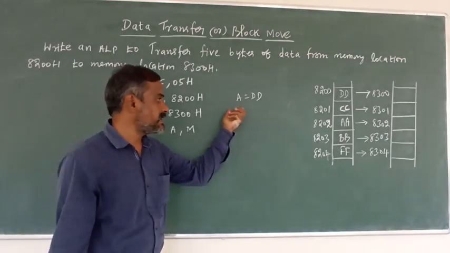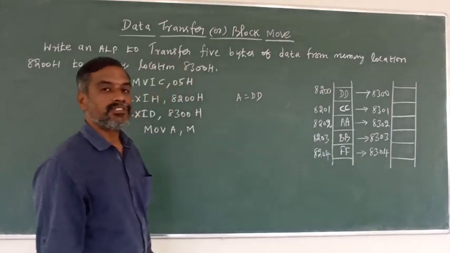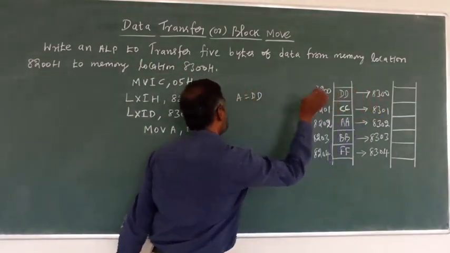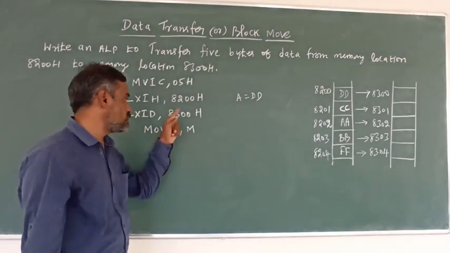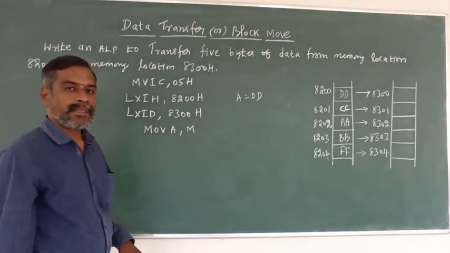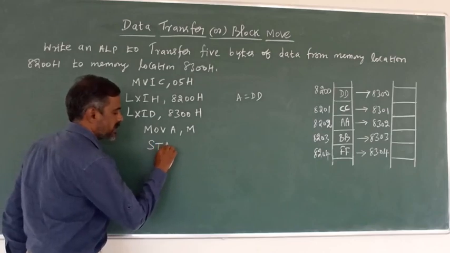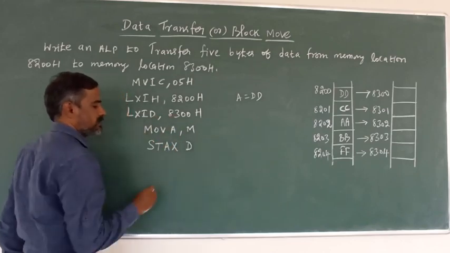Now the A register data is to be stored at the 8300 address. Okay, this address is available in the DE register pair. The address is not directly available; it will be available in a register pair. We have to use indirect store, STAX RP. RP means here DE.